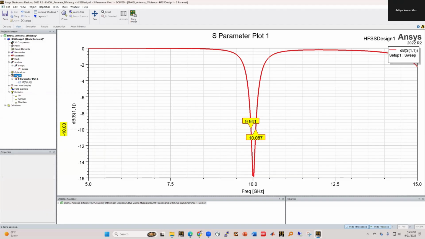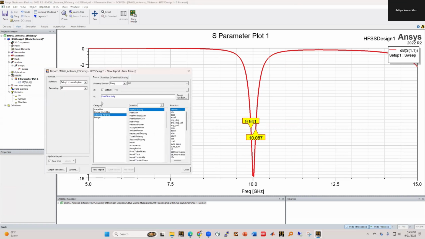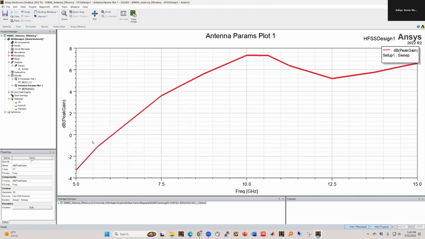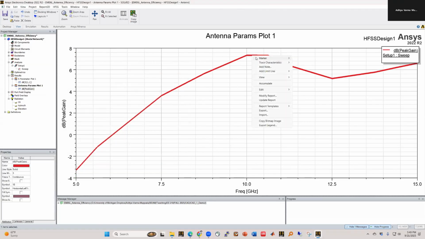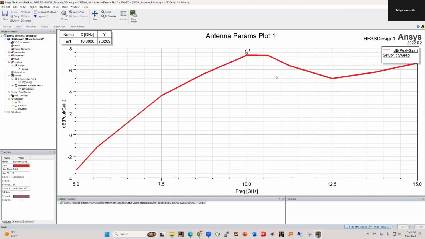The next quantity that we typically care about is the gain or the peak gain. So we can also plot that. Peak gain in dB, make it sweep, and then send your report. So the gain's around, you can say, at maximum. So at 10 gigahertz, the gain is maximum. It's around 7.327 dB, right?